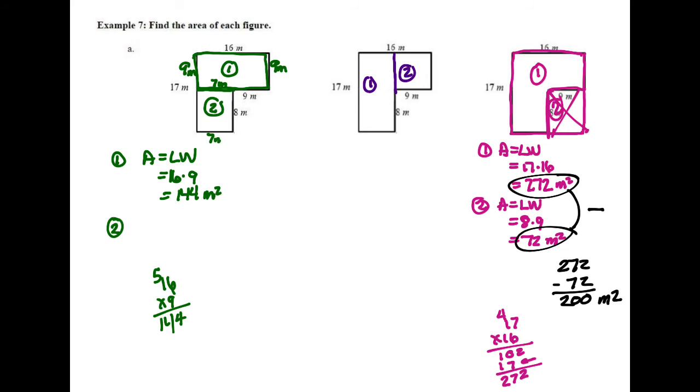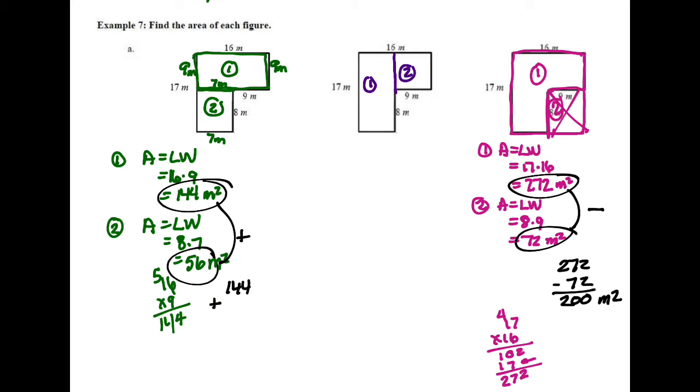So this is 7. Length times width, 8 times 7, which is 56. Meters squared. I want to add these two. So 144 add 56, and sure enough, 200 meters squared.